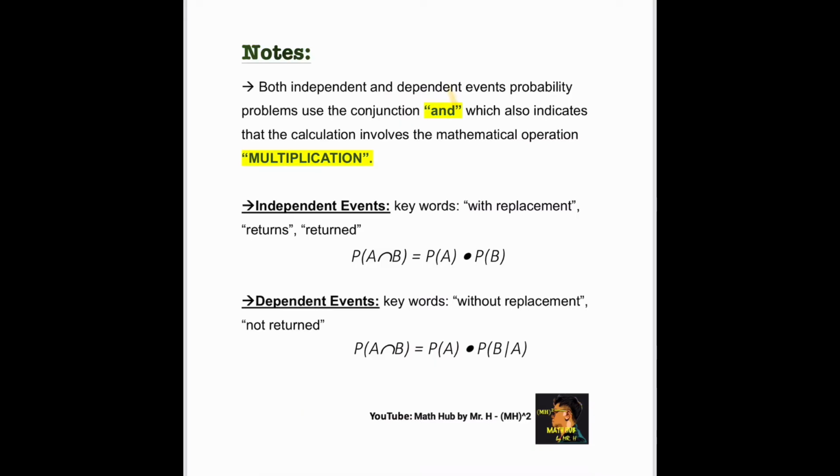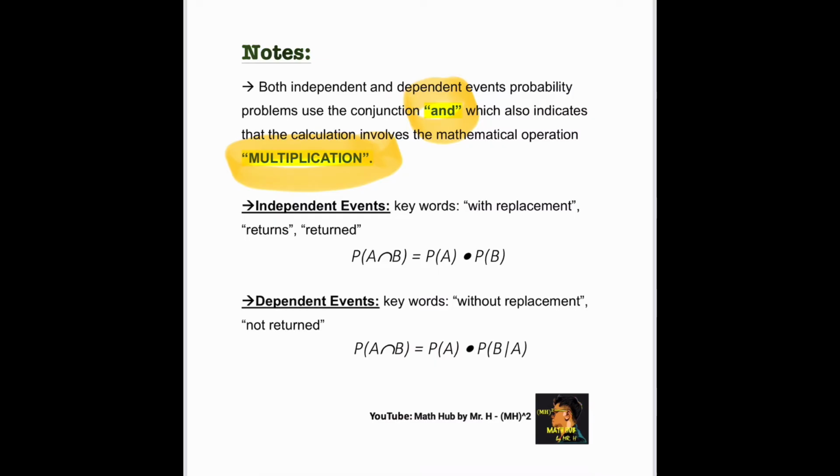Independent and dependent events will use the conjunction "and". To calculate the probability of both dependent and independent events, you need to apply multiplication.